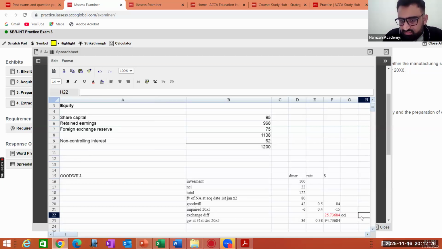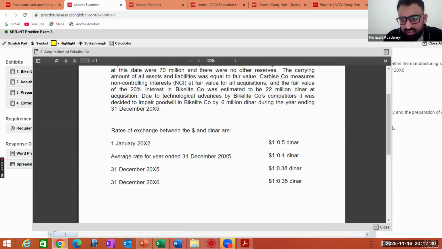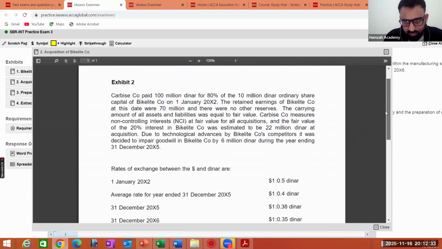And 80%, we have acquired 80%. 80% belongs to the group and 20% belongs to the NCI.